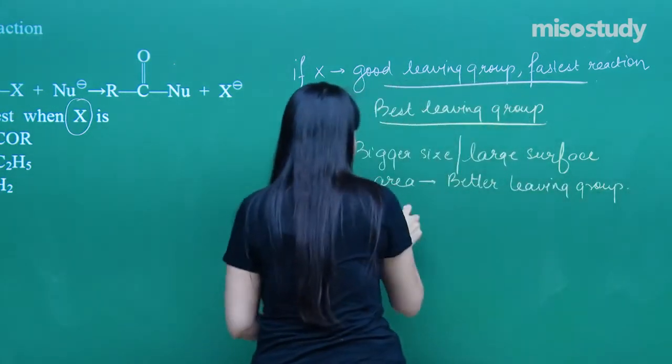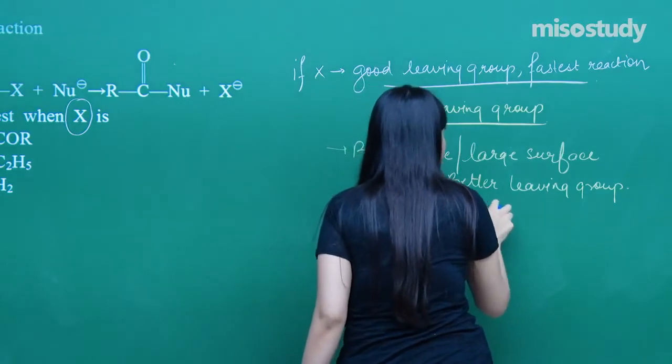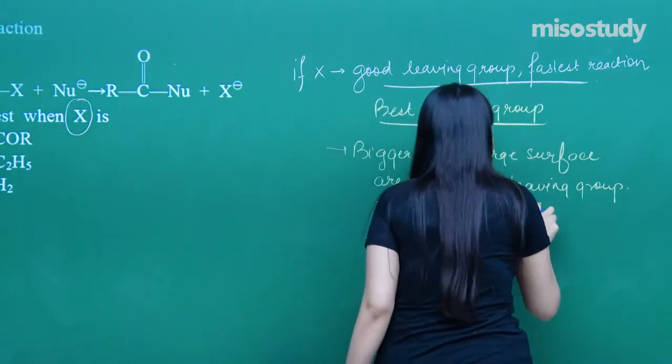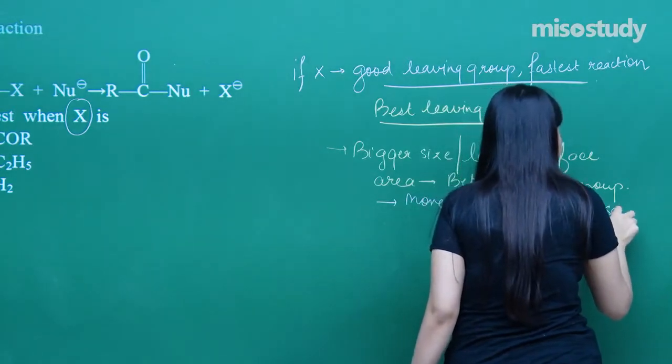That means more charge dispersal, more negative charge dispersal. That is what the definition of the leaving group says.